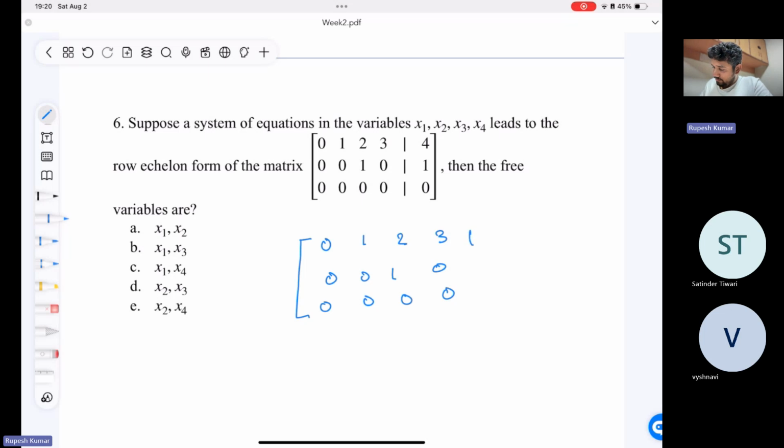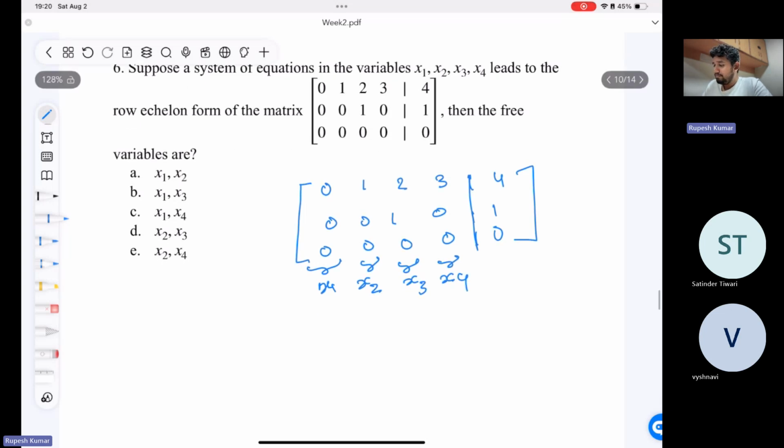And the augmented column is written here, 4, 1, 0, right? So now all the entries in column 1 correspond to the coefficient of x1, column 2 corresponds to the coefficient of x2, column 3 corresponds to the coefficient of x3, and column 4 corresponds to the coefficient of x4, right?